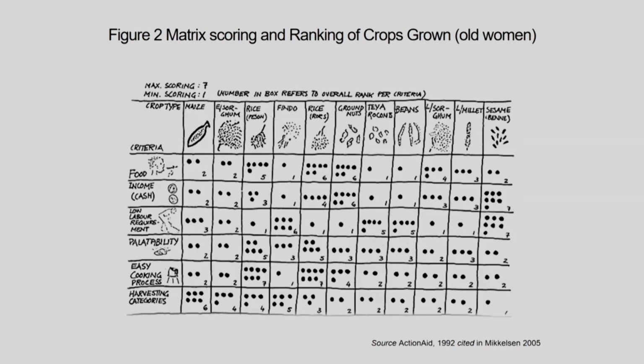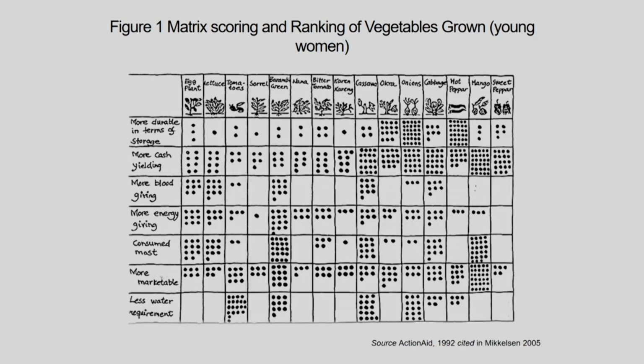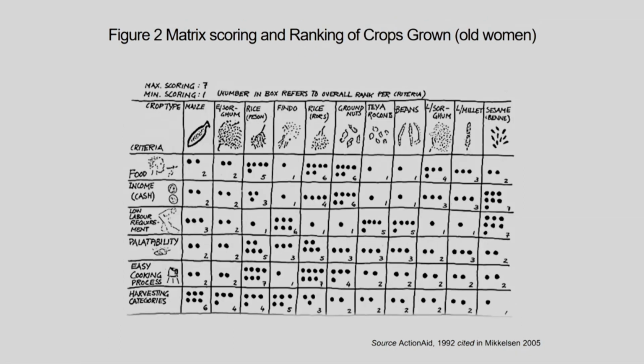If you look at the differences between the two, here the younger women were asked to identify vegetables that are grown and the criteria they use for giving emphasis to which plant should be grown. Similarly, here older women were asked to score and rank crops by a given criteria, with regard to which of those crops they would attach more weight.